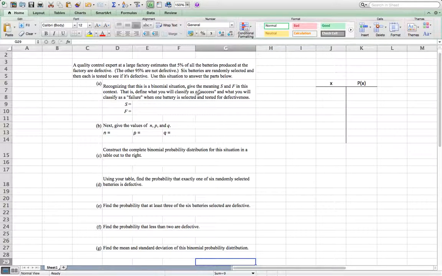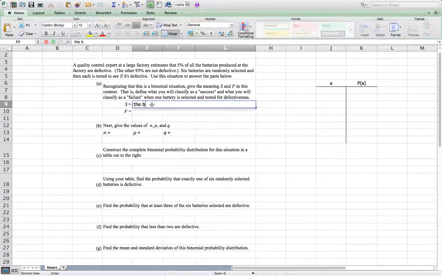So given the meaning of success and failure in this context, we say success is the battery is defective. So the failure is the battery is not defective.